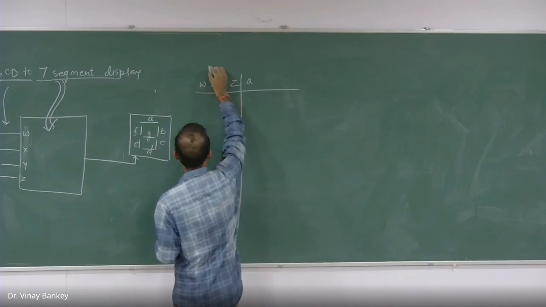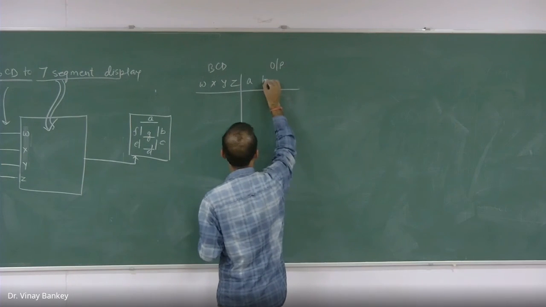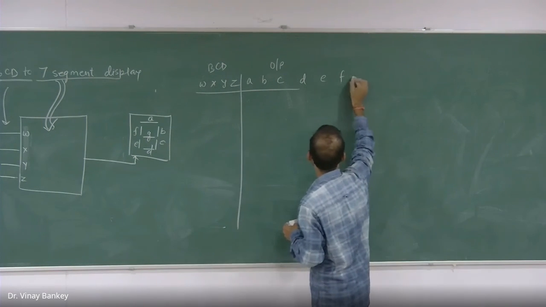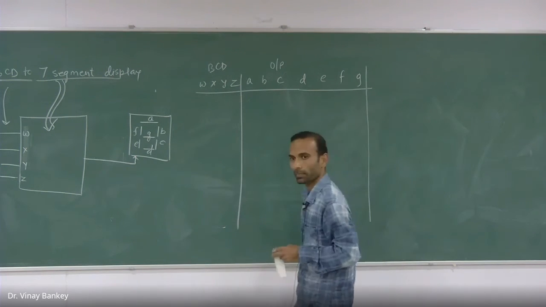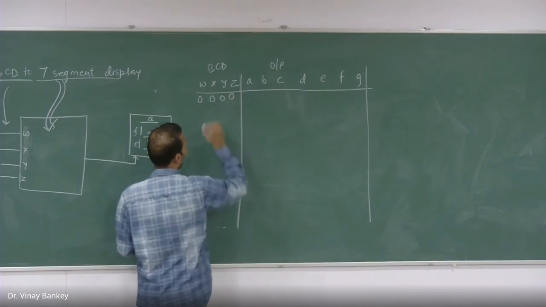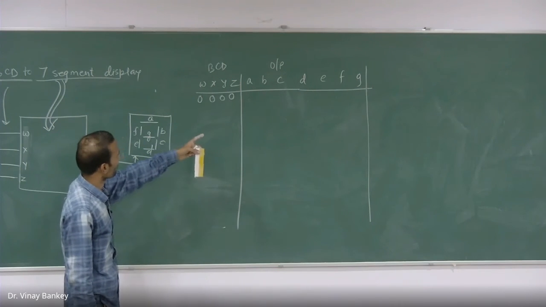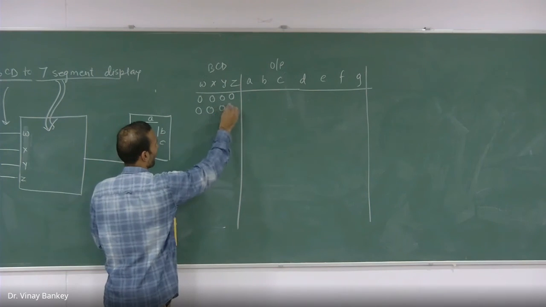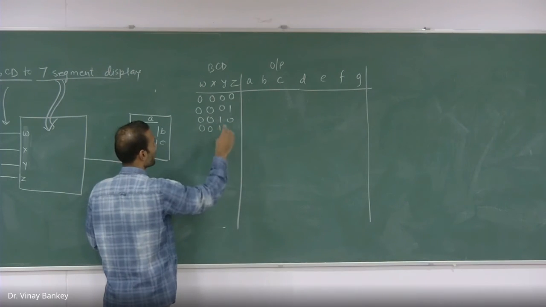So these are the BCD inputs, and here you have the output of the decoder: A, B, C, D, E, F, and G, 7 outputs. Correct? So now for 0, 0, 0, 0, what are the combinations? They should be high. Let me write this quickly.